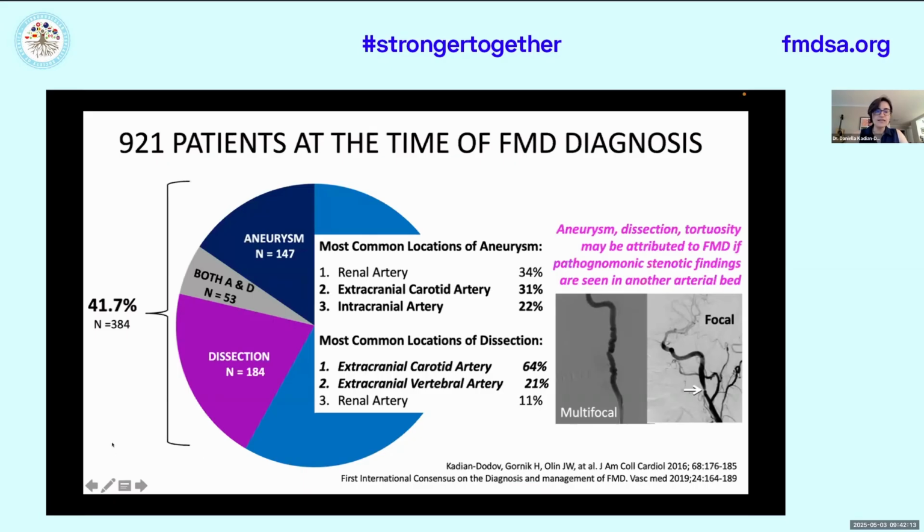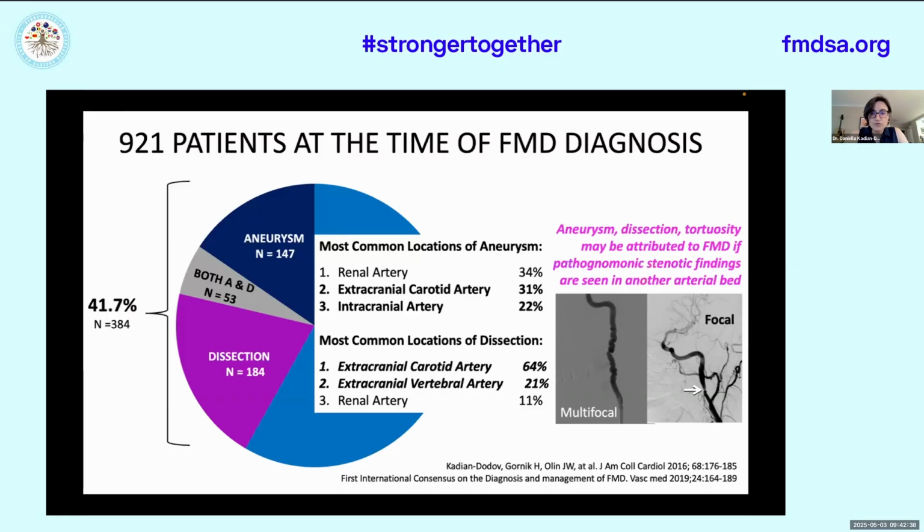We did an analysis from the US registry for FMD a number of years ago, looking at almost 1,000 patients at the time of diagnosis. What we found was that in those patients who had imaging from the top of the head to the pelvis, the rate of aneurysm and dissection was about 42% altogether.